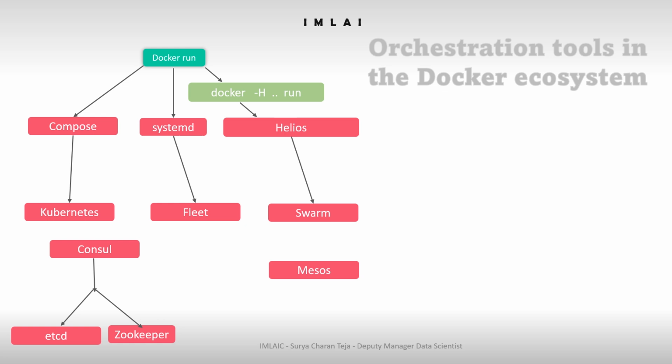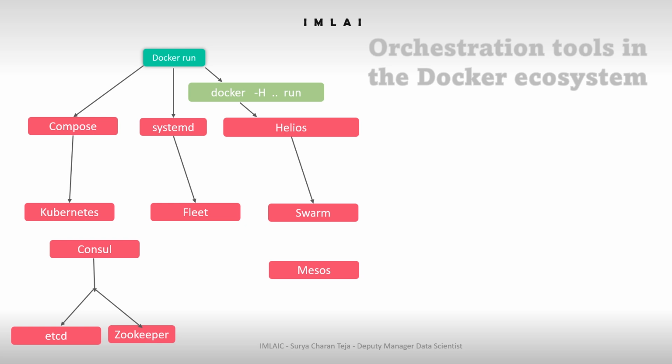This family tree that I have made comes from my bias. Whatever I've seen a lot in my life, those tools I have included. You may find a lot of other tools, but if you want to explore more, I would suggest you do more research on that. But this is based on my bias, and I made this family tree of orchestration tools.